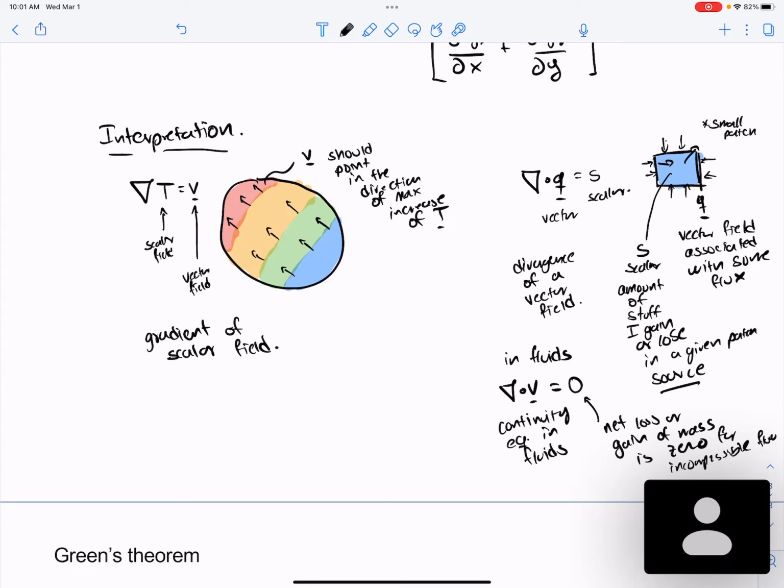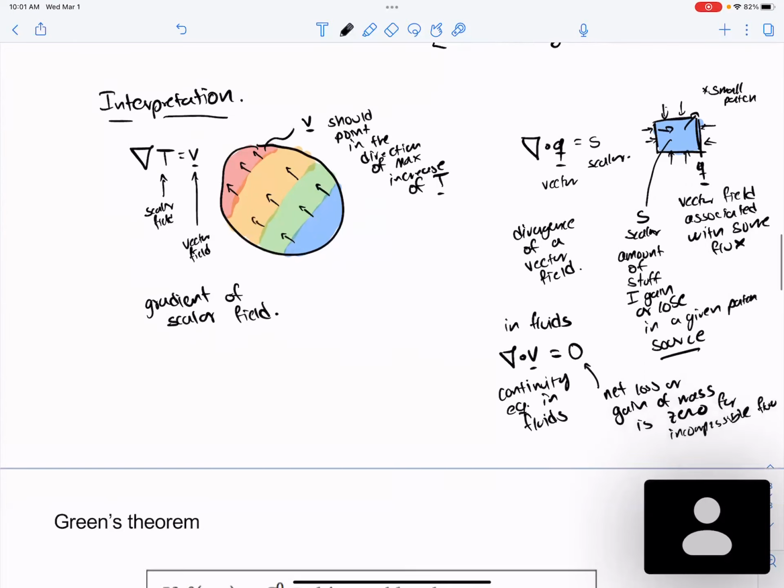It has an interpretation. It's difficult to know if I give you just the entire vector field, but it has an interpretation. Okay, so I have those two.